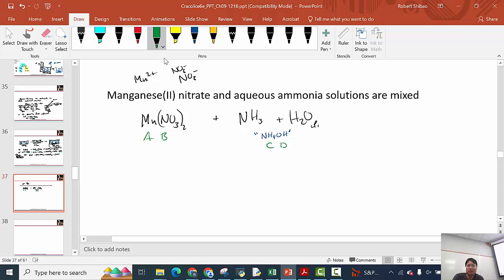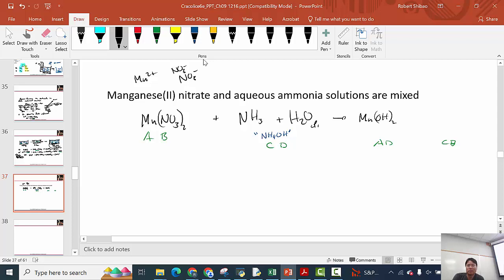And so what does it form? It forms AD and CB. Did you figure out the products already? AD with the manganese hydroxide. What's the correct formula? Mn(OH)2. Good.